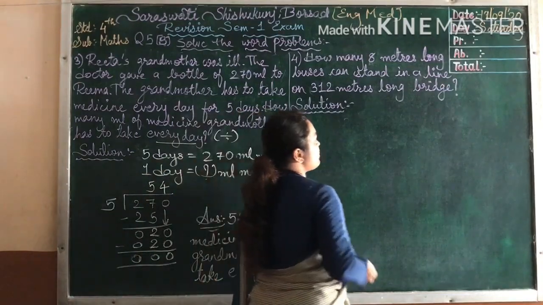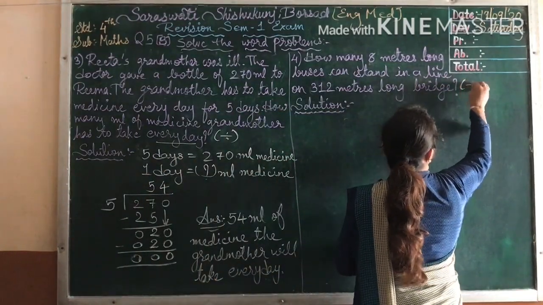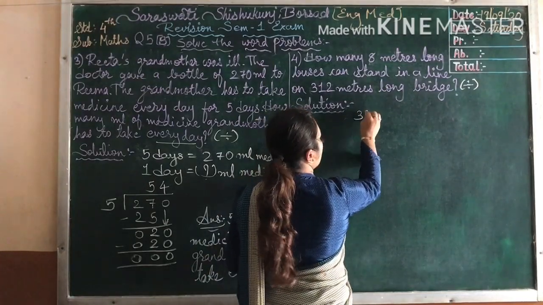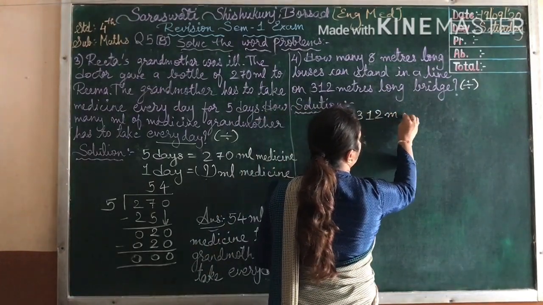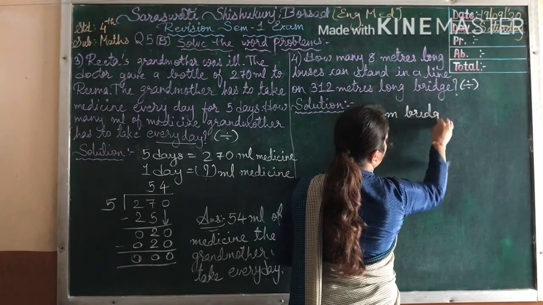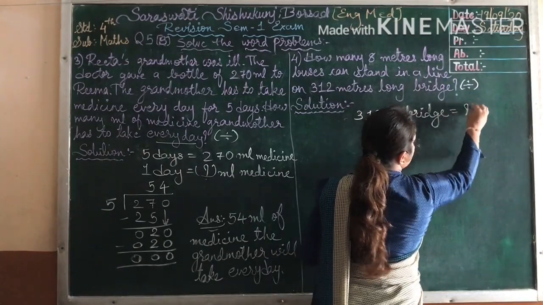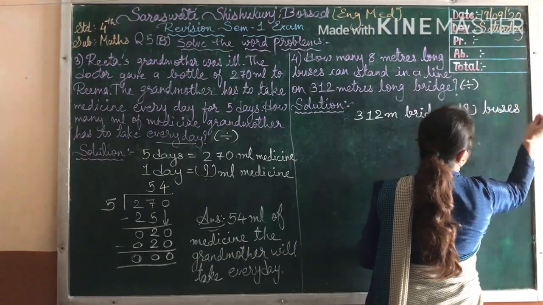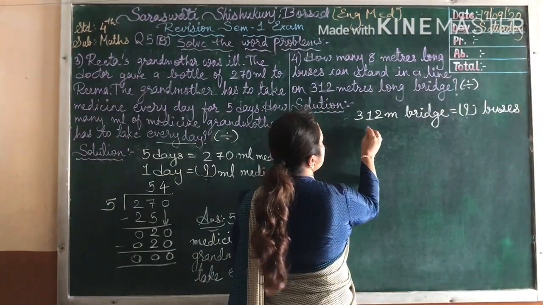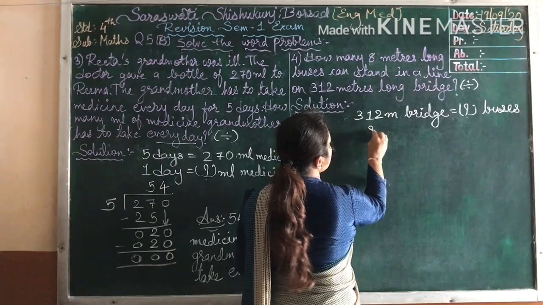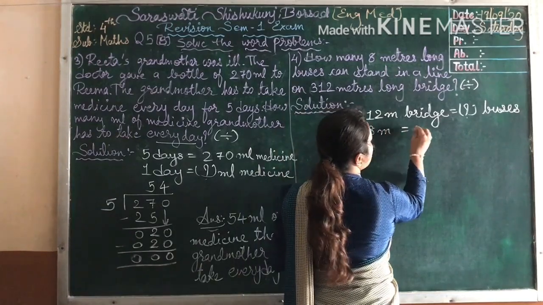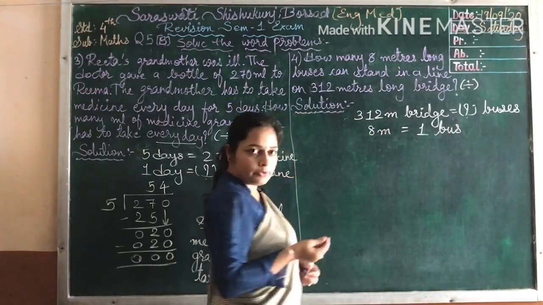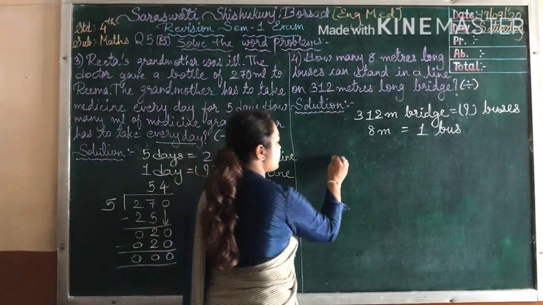So again this sum is of a division. 312 meter bridge is equal to question mark buses. Fine. We can say that 8 meter will be considered by one bus of bridge. Okay. So let's find it.